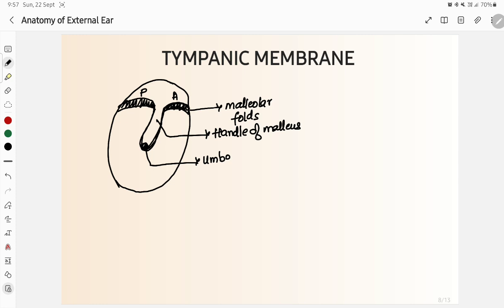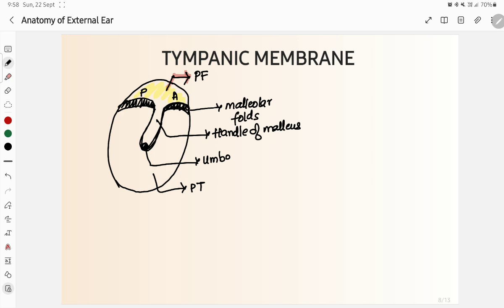Now, the tympanic membrane is divided into two parts. The part above the malleolar folds is called the pars flaccida. And the part below the malleolar fold is called the pars tensa.